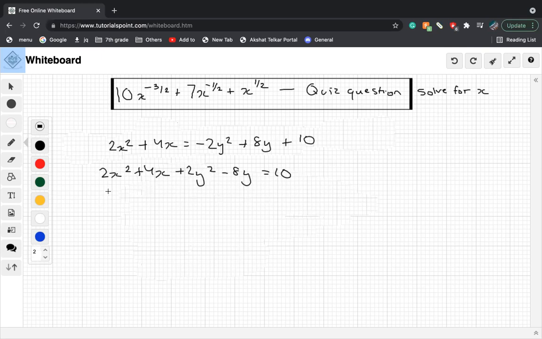If we multiply everything by 1/2, or just divide it by 2, really the same terminology, you'll get x squared plus 2x plus y squared minus 4y equals 5.